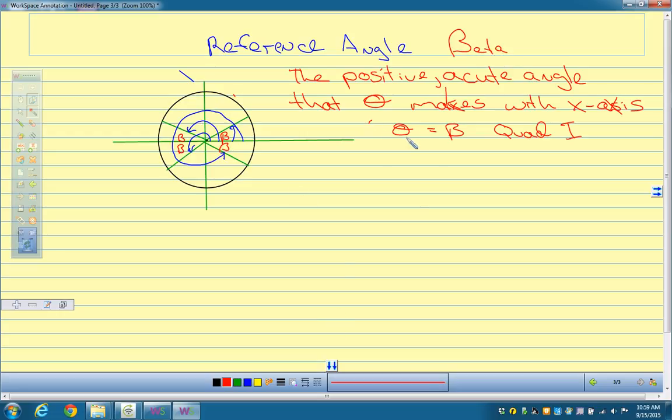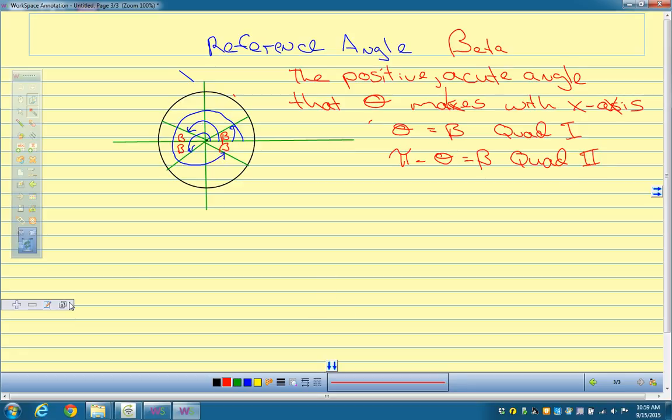So if in quadrant 1, theta is equal to B. In quadrant 2, to get B, I would have to take pi and subtract theta is equal to B in quadrant 2. Do you understand why that is?